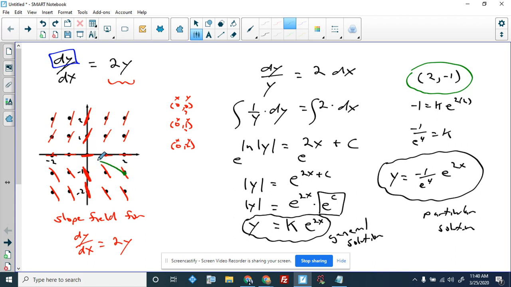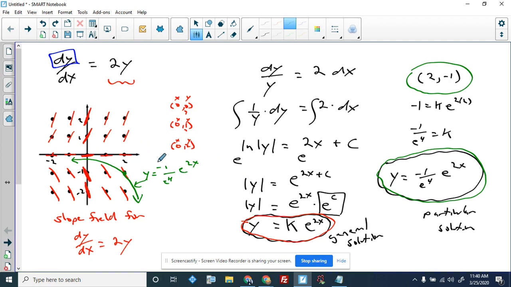All right, so that means that that's probably going to be, what do you think? You guess it, an asymptote there. So this would be the particular solution, y equals -1 over e to the 4, e to the 2x. Okay, so the red represents your visual of your general solution, and the green represents your particular solution. So hopefully you're starting to see that, all right?